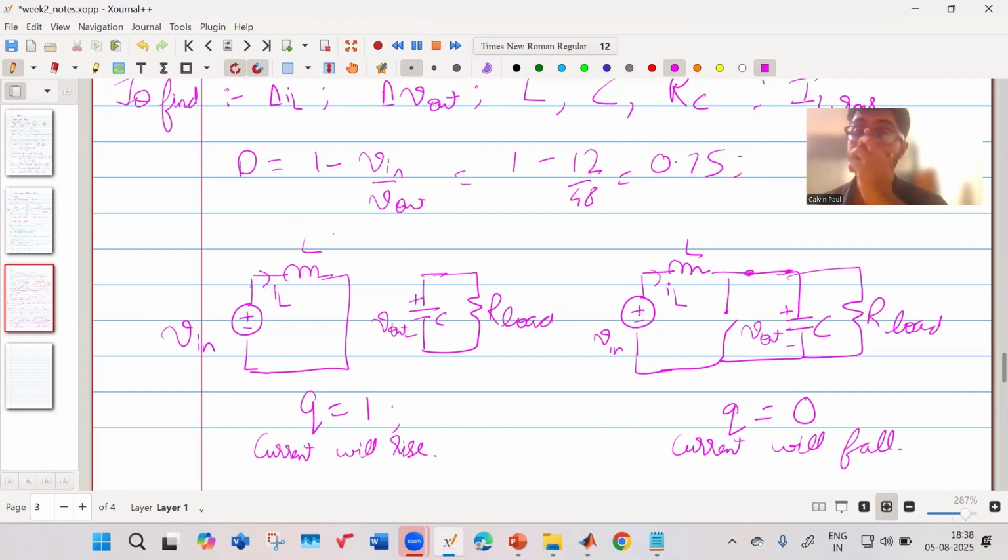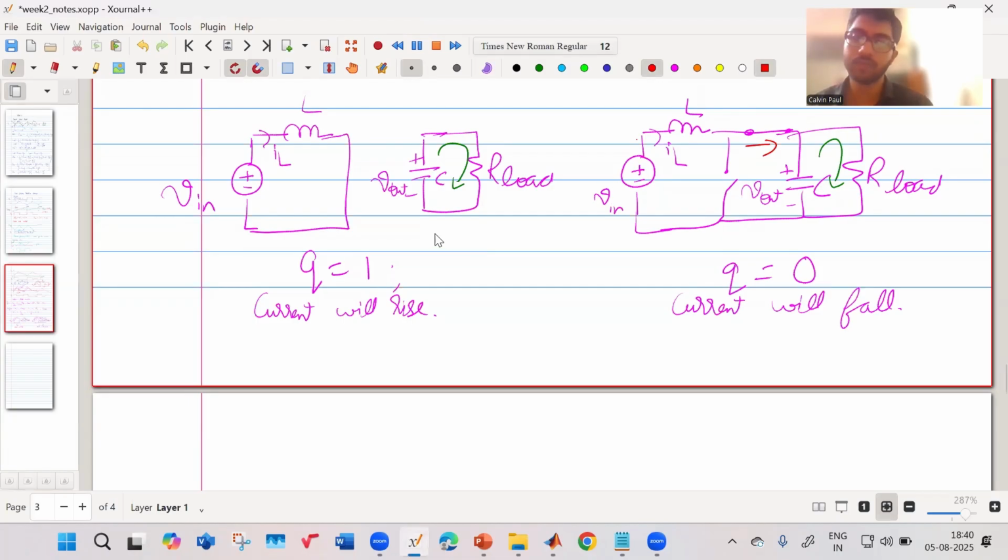It will fall, because your capacitor is discharging through the load. In this case also your capacitor is discharging, but your inductor current is also being fed into your circuit.